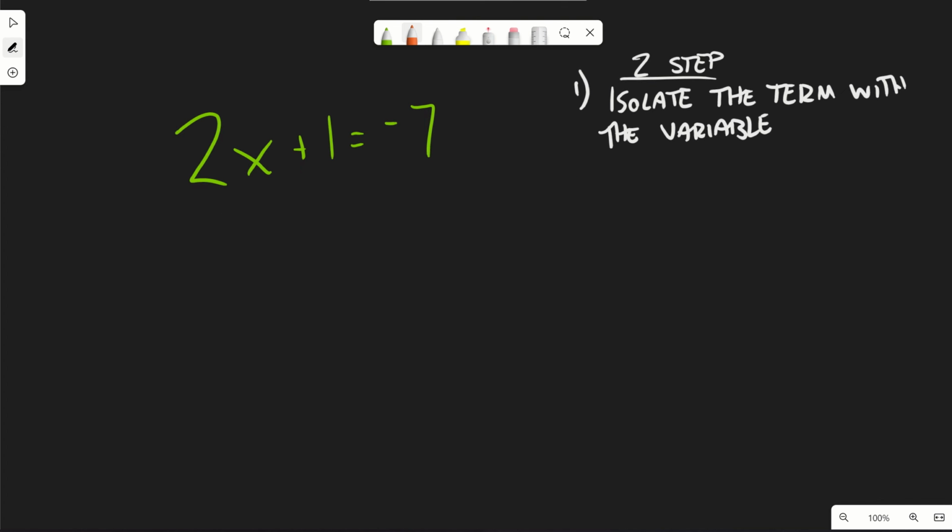That's first step. Second step is I want to then isolate the variable, all the time using my inverse operations. So all the time I'm doing these two steps, I'm still using my inverse operations.